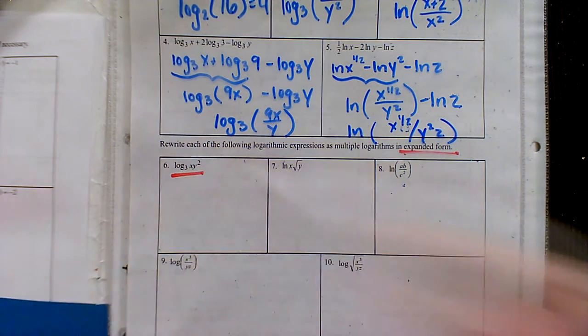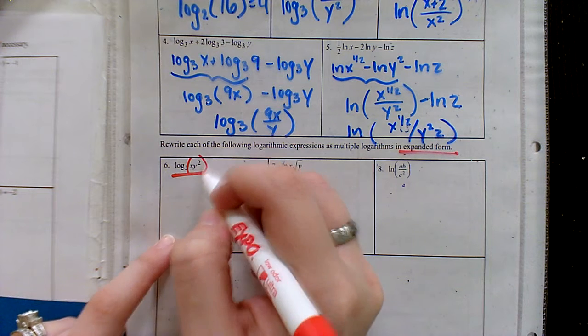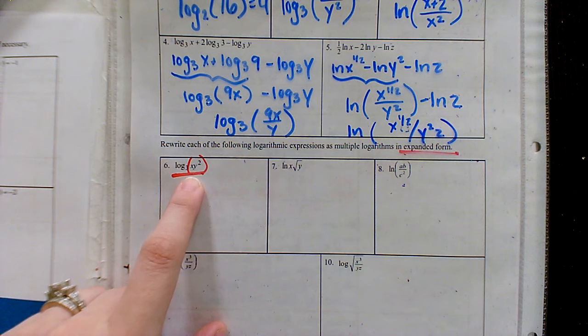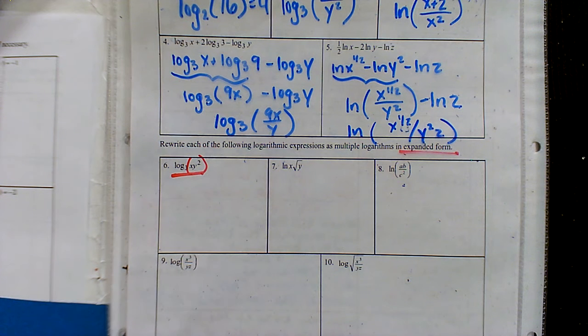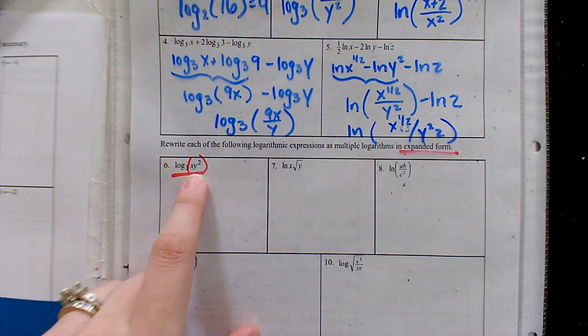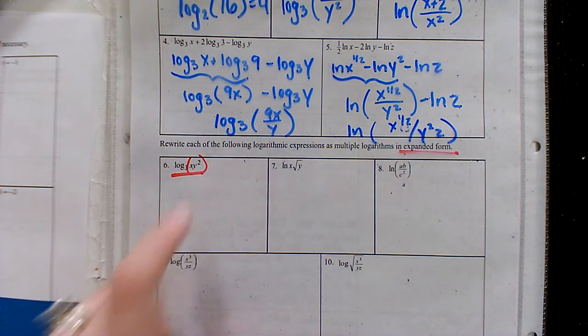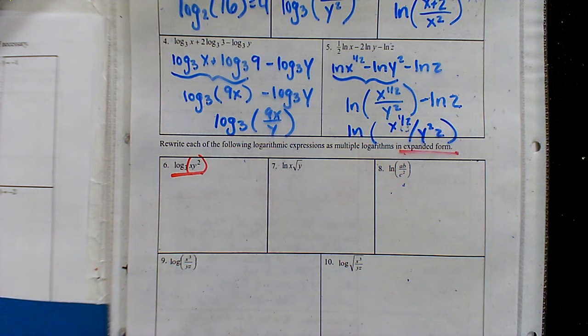In this case, I know it's not written in parentheses, but your argument is considered the xy squared. If you were to read that argument out loud, most of us would probably say x times y squared. So let's think about a property. If you're multiplying in the argument, how could you expand the log?